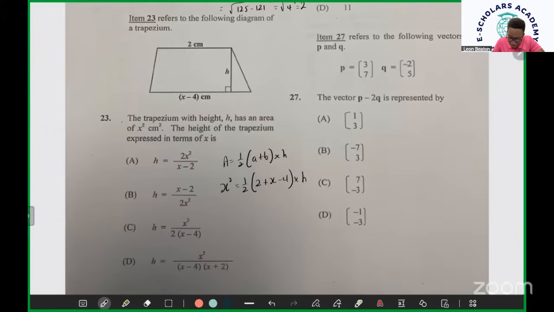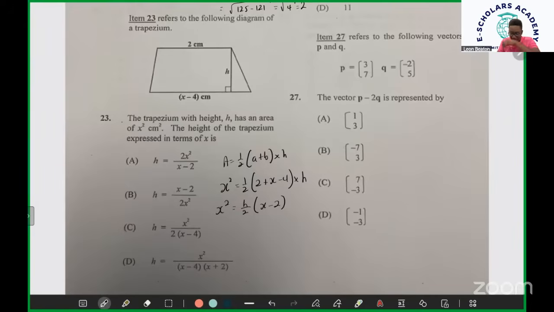So we have half times h is h over 2 times x, so 2 subtract 4 will give me negative 2, and that is equal to x squared.